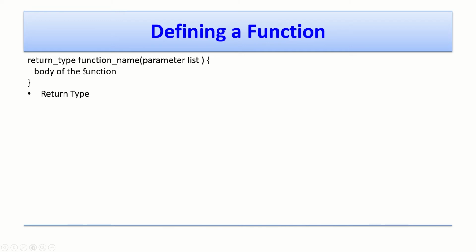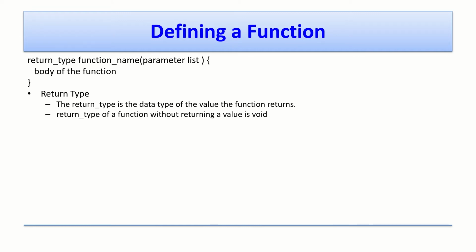All right. So we know return type. Return type is the data type of the value the function returns. So if there is a return value from that function, we have to define the data type of that value. If there is no value to return, usually we say the return type is void. So the return type of a function without returning a value is void.